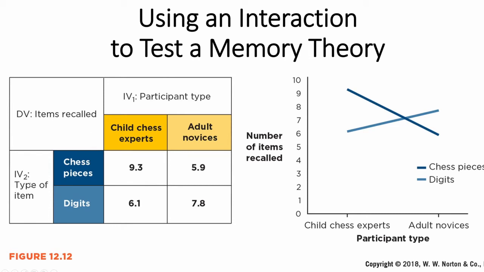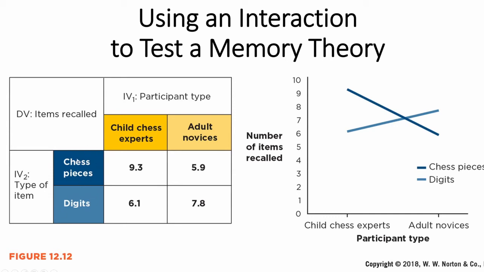And the second independent variable is what we are presenting them with, what kind of memory task they're presented with. One of the types of memory tasks was remembering chess pieces. And the other task is remembering just digits that don't have any value assigned to them.